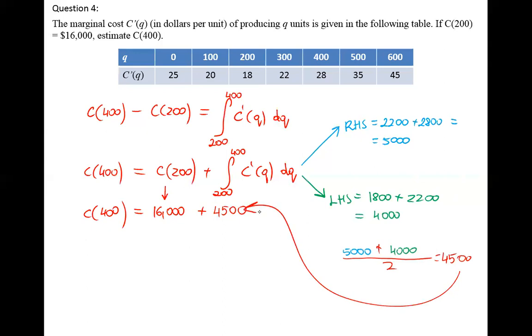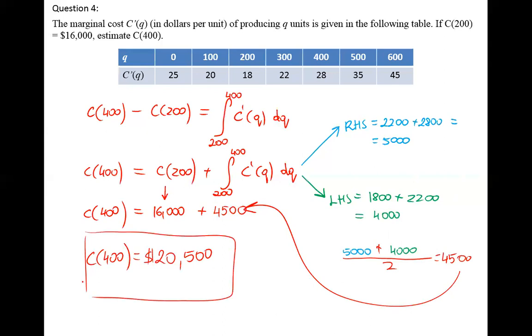That's what I substitute. Okay, that means the cost of producing 400 units is simply $20,500. Thus we can see how nicely we can use the fundamental theorem of calculus. Okay, make sure that you follow this at your quiz.